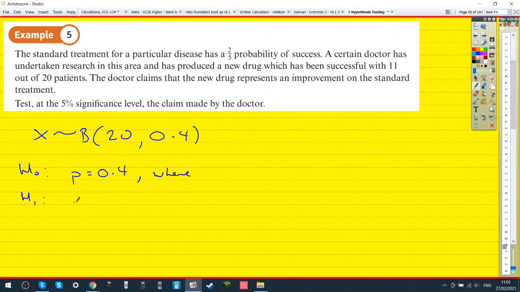Not 0.55, so it went up. Where P represents the probability of the drug being successful. Okay, so lower is 11, upper is 20. Try that.